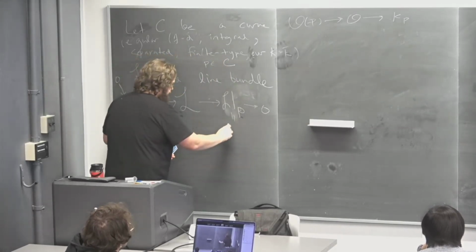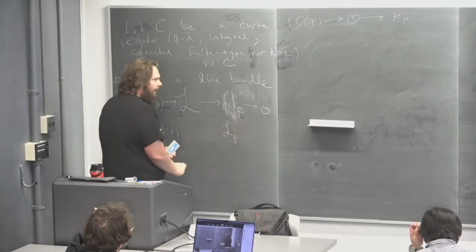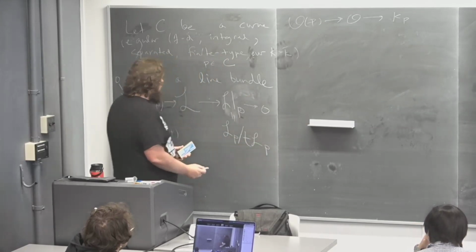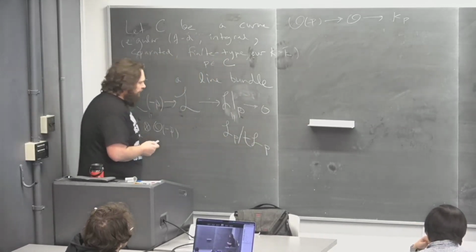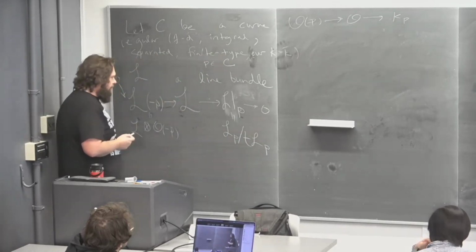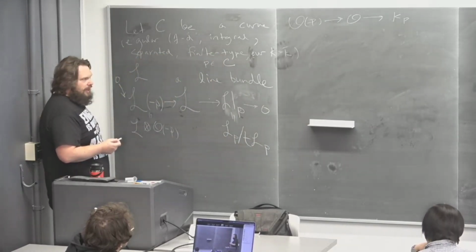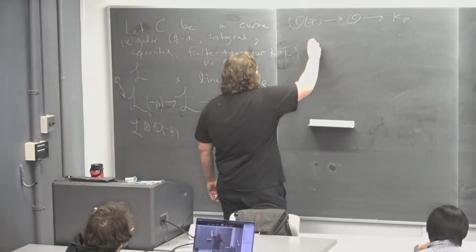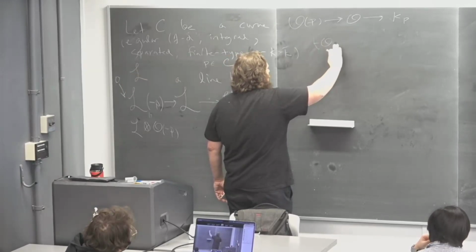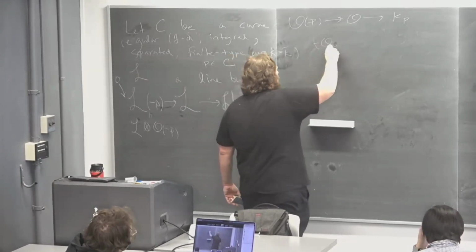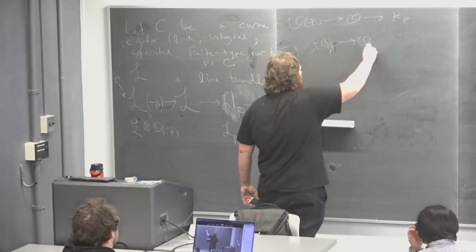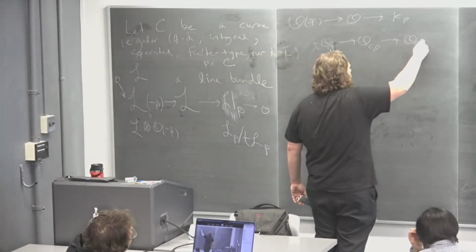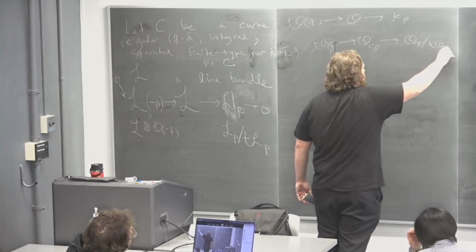So I look at the stalk of L at that point, and I mod out by the maximal ideal, which, because this is a regular curve, is principal. So I'm modding out by a uniformizer. The picture to have in your head of what's happening locally is: here I have t times O_{C,P}, here I have O_{C,P}, and here I have O_{C,P} mod t times O_{C,P}.